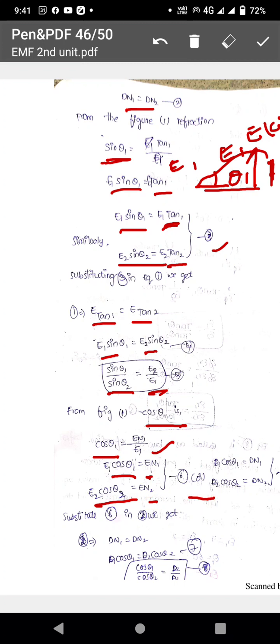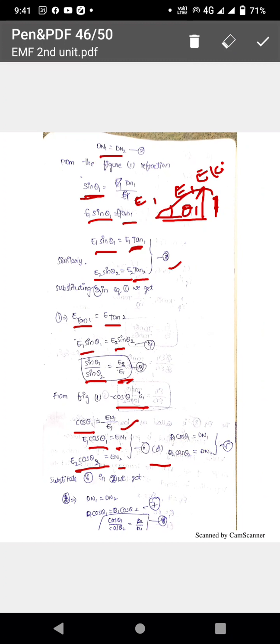Cos theta 1, we can write as Dn1, and E2 cos theta 2 equal to Dn2. That is, D1 cos theta 1 equal to Dn1, and D2 cos theta 2 equal to Dn2.